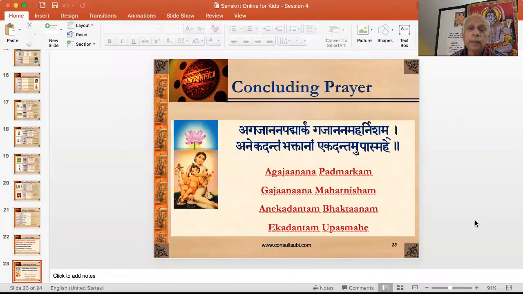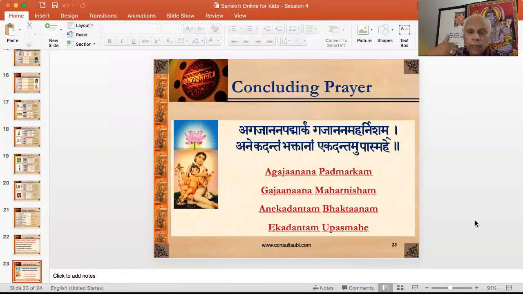So Anekadantam here means, Dantam also means giving. So he's giving a lot of gifts and boons. So he says Anekadantam Bhaktanam. Bhaktanam means devotees. He's giving a lot of boons to devotees. Ekadantam means one tusk.